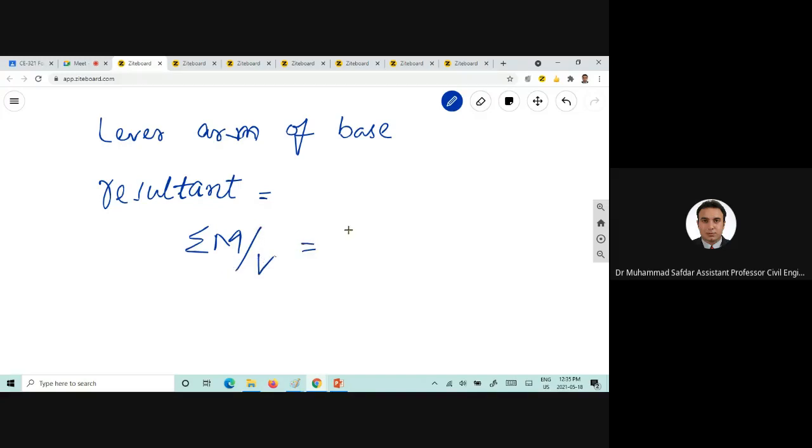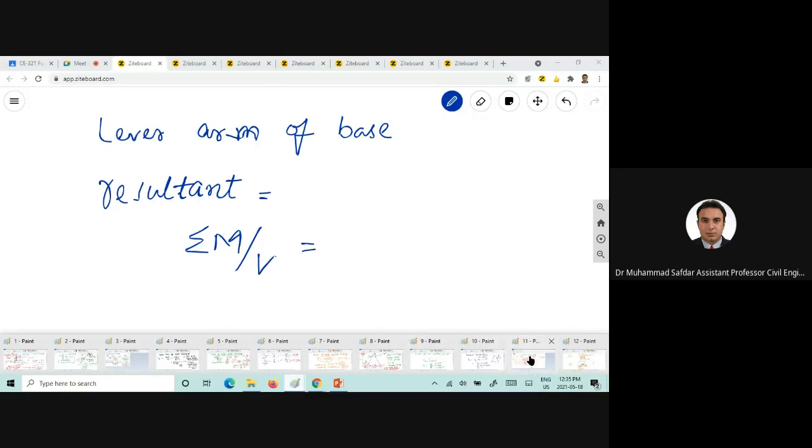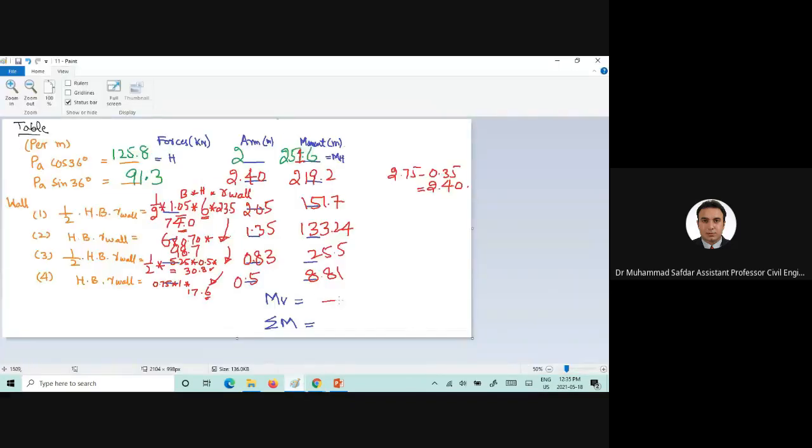Now the sum of moments was equal to, okay, how about the moments due to the vertical forces and the summation of moments? Give me these two values, please.